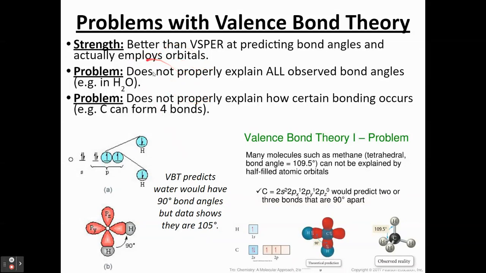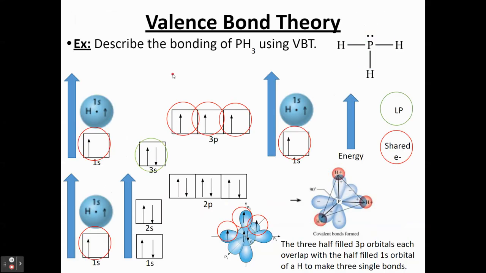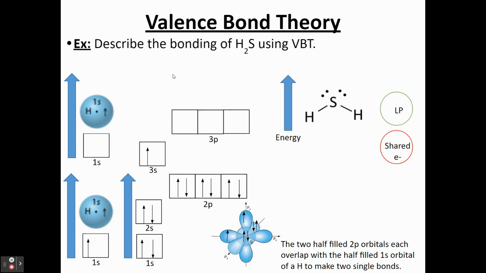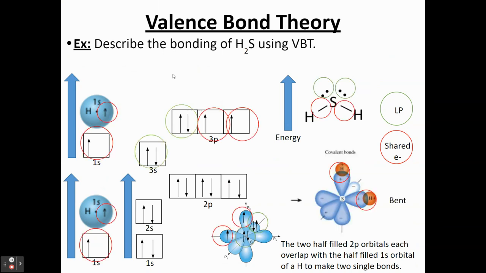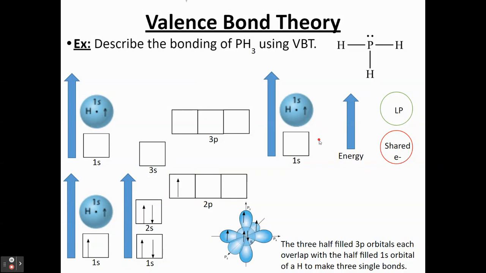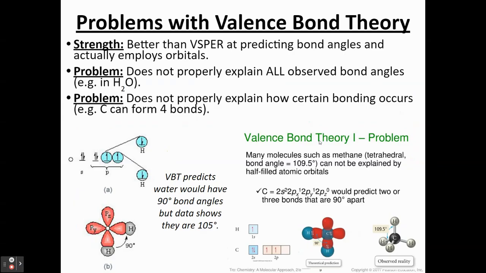So there needs to be some other explanation for how the bond angles arise. If we look at the situation we saw with H2S, valence bond theory was fine explaining H2S. It gave you the proper angles. In the end, the models predict the proper angles that you would get if you were using VSEPR. But for other molecules, like water, the bond angles don't quite work out.